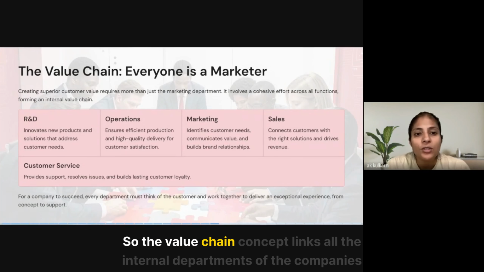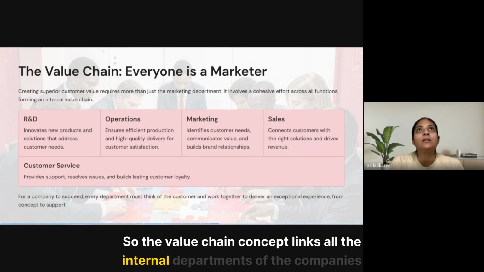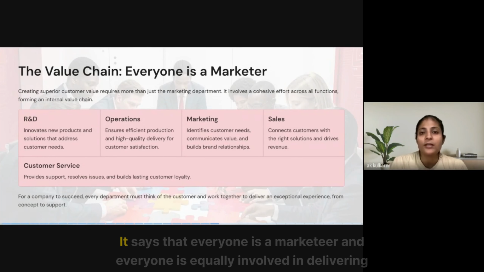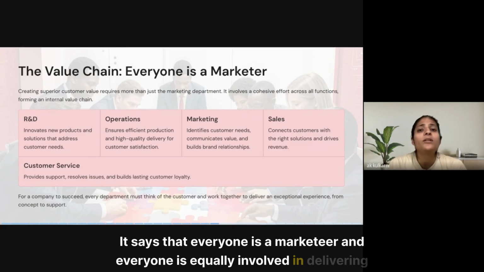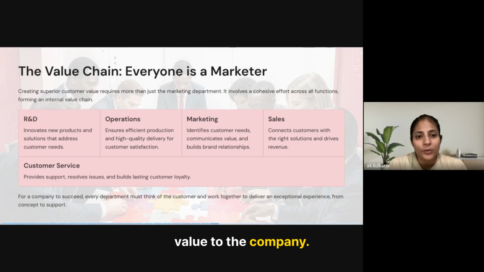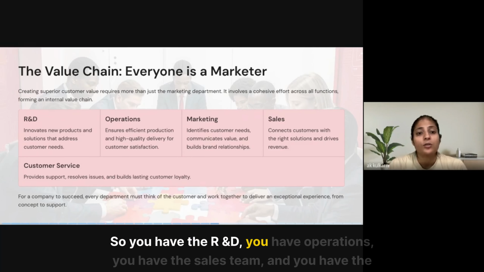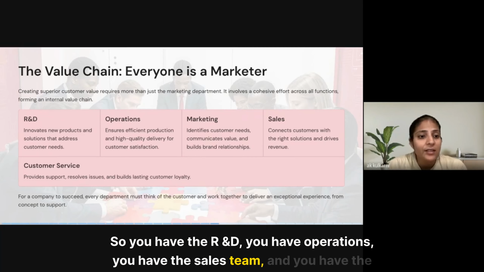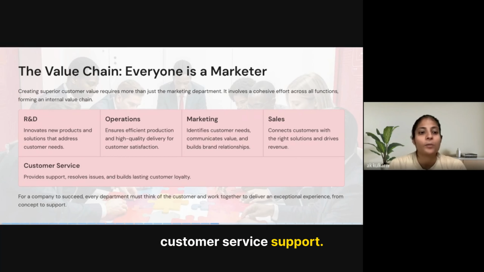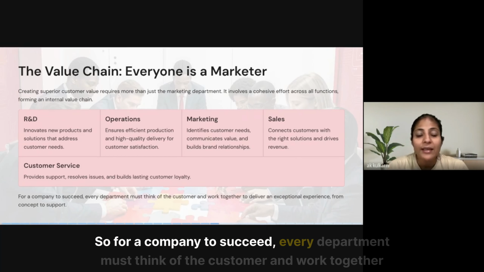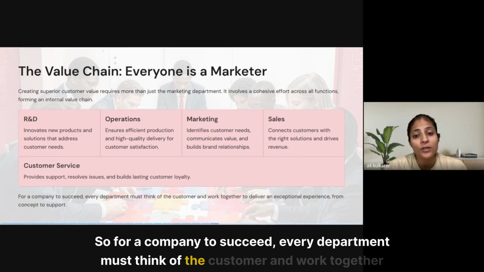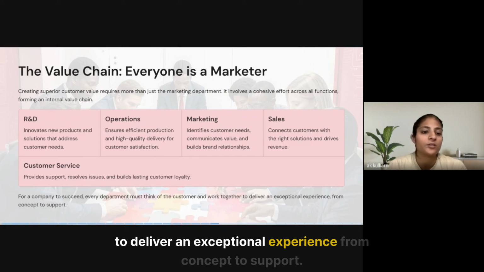So the value chain concept links all the internal departments of the company together. It says that everyone is a marketeer and everyone is equally involved in delivering value to the customer, right? So you have the R&D, you have operations, you have the sales team, and you have the customer service support. So for a company to succeed, every department must think of the customer and work together to deliver an exceptional experience from concept to support.